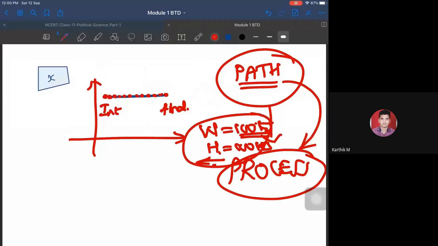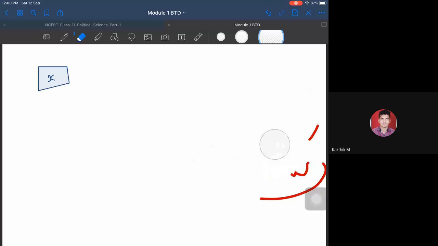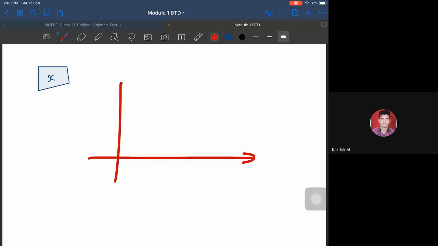So a path is just a series of states which it has passed through. But when you want to specify a path as a process, you should completely specify it. Whatever data is required for that particular path, you must give it.